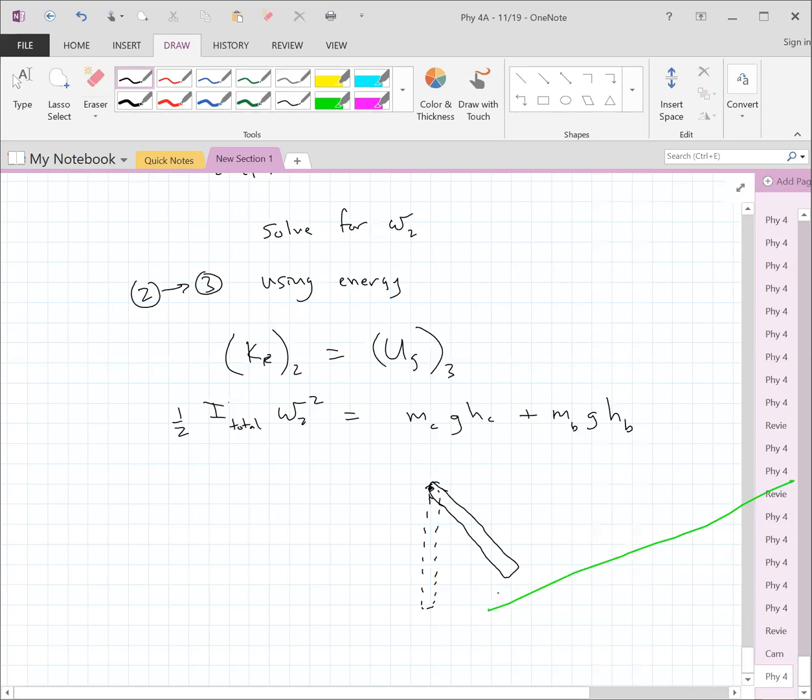So this thing rotates up like this, and the center of mass of the board starts here and ends up here. So it's gone up by that height, right? H_B.